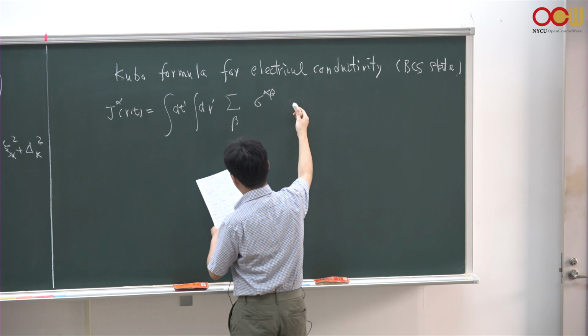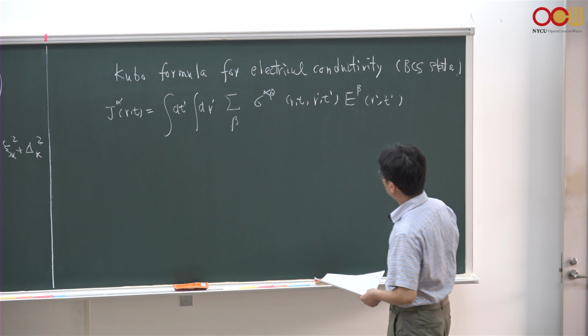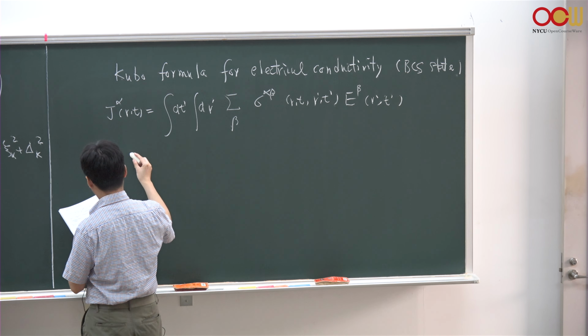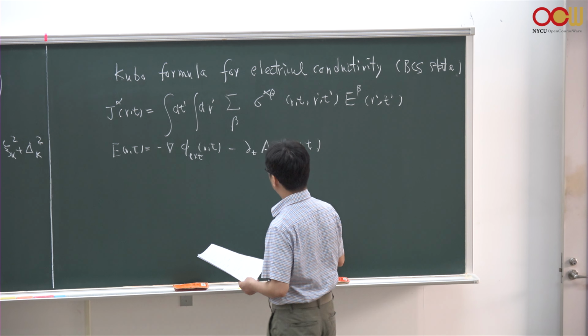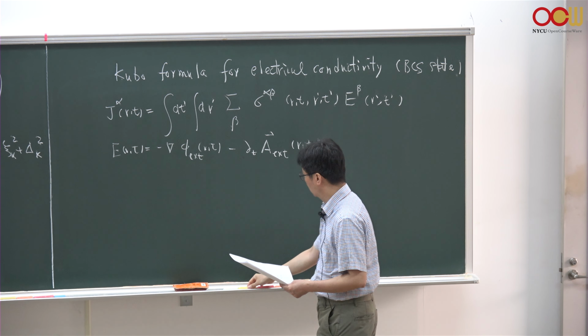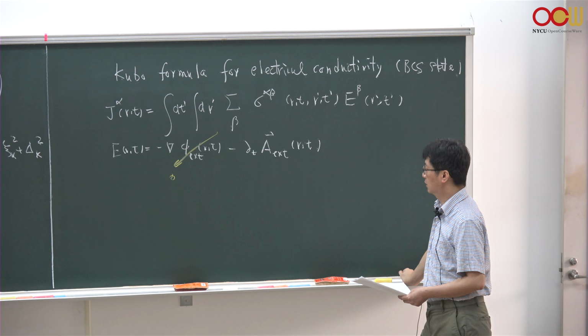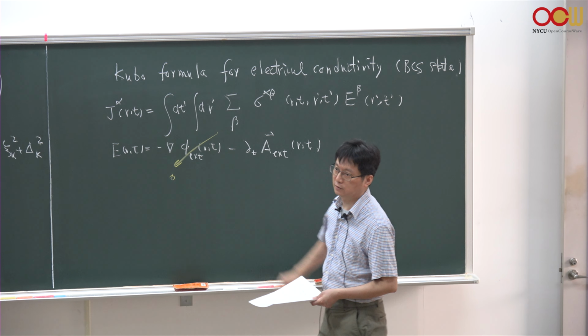Remember, we defined this conductivity tensor sigma alpha beta in metals when we apply, say, a small external electric field, or more precisely, the external vector potential. For simplicity, we don't consider any external potential phi here, so that gradient phi vanishes.